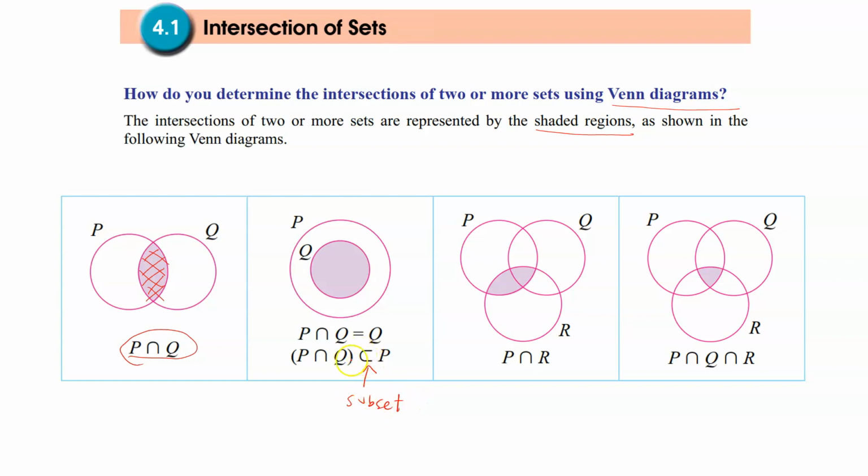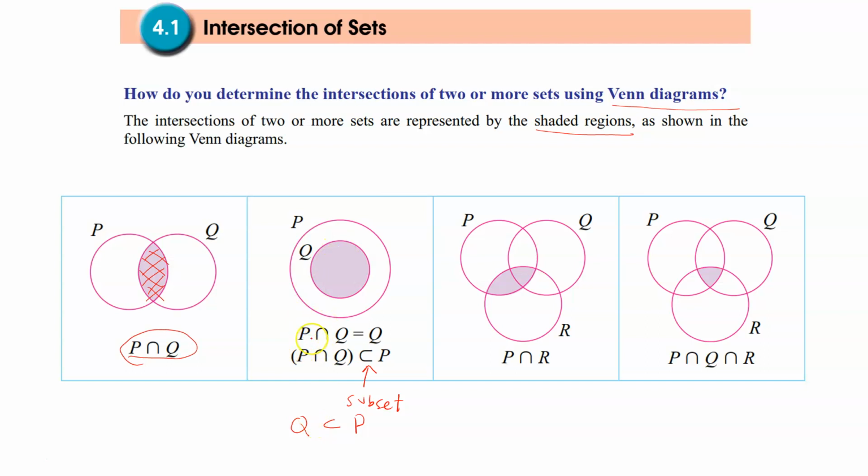Subset means, everything in P intersect Q is a subset of P. So dalam kes ni kita tengok P intersect Q is equal to Q juga kan. Kita juga boleh tulis Q is a subset of set P. Means all Q inside P.